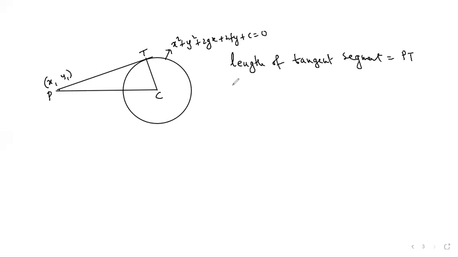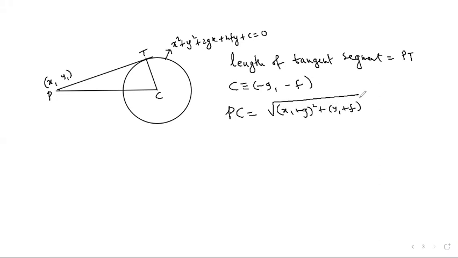So PC, C is (minus g, minus f). So length PC is by the distance formula. I hope you are writing with me. Length CT is the radius.